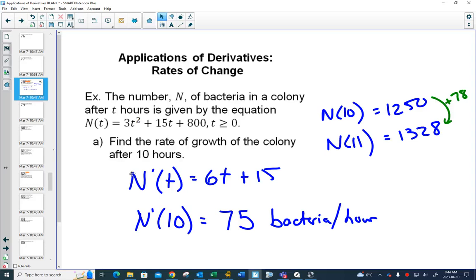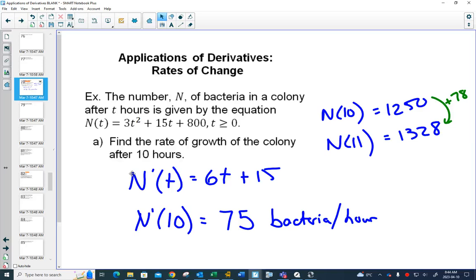Pretty good estimate, it went up by 78. Why did it go up by a little bit more? It looks like this colony of bacteria is increasing faster and faster and faster. And if you think about it, it's a parabola. It is increasing faster and faster and faster. So 75 was a good estimate. We can find out exactly that it increased by 78.